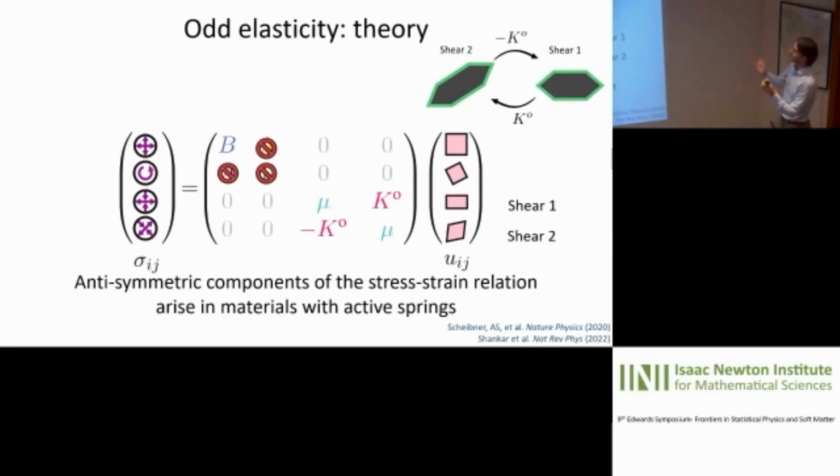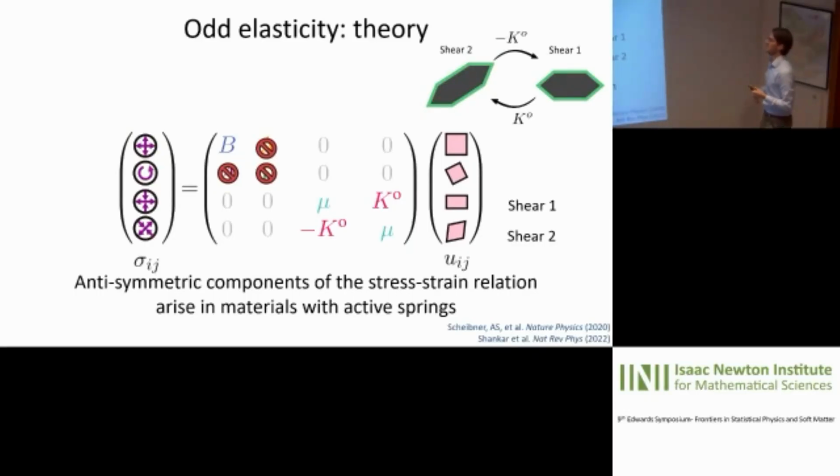But anyway, the reason that I say it's non-reciprocal is because you see that this enters the antisymmetric component of the elastic tensor, right? That, unlike our passive moduli. It also enters just the shear components, right? It couples the two shear directions. The two orthogonal shear directions are at 45 degrees with respect to each other.